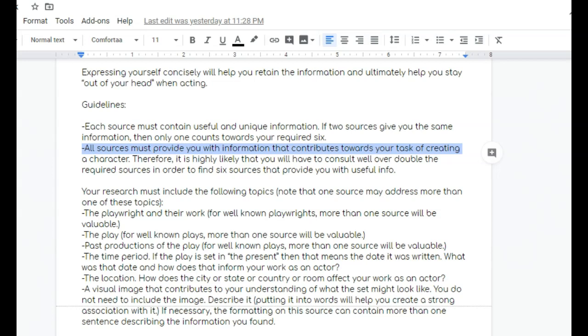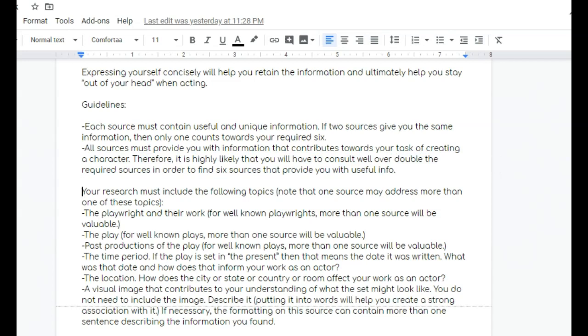This is not just a research exercise. This is an acting exercise. So find information that helps you act. It is likely that you will have to consult many more than 6 to find really good info. So plan on that. I only need to hear about 6, but you're probably going to consult a lot more.